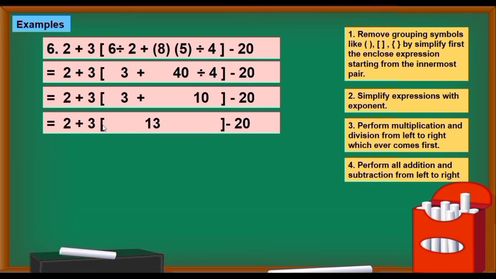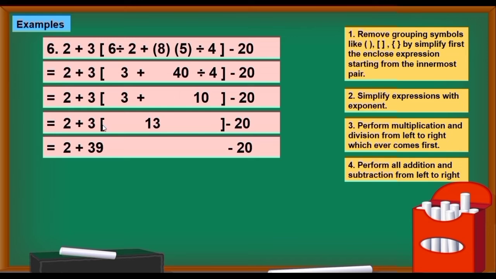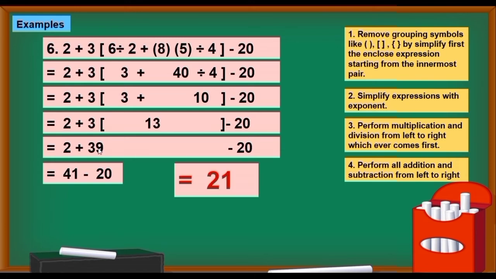So, 13 times 3 is 39. So, 2 plus 3 times 13 ay 39 minus 20. So, perform all addition and subtraction from left to right. So, 2 plus 39 is 41 minus 20 is 21.